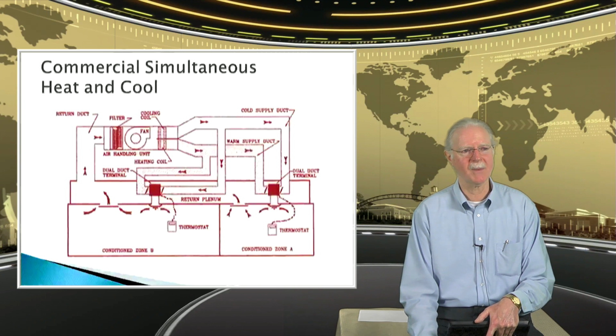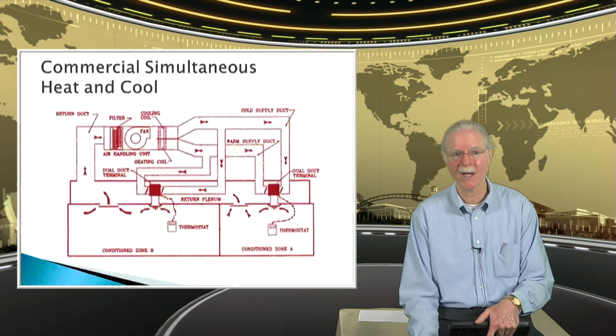What most people don't realize about commercial buildings is that the amount of heat that's needed is extremely variable throughout the building. And because it's so variable, it's difficult to supply just heat or just cool. There are some buildings that do have that situation.